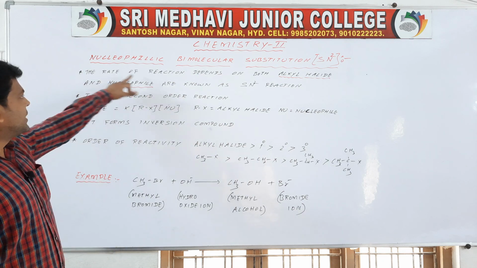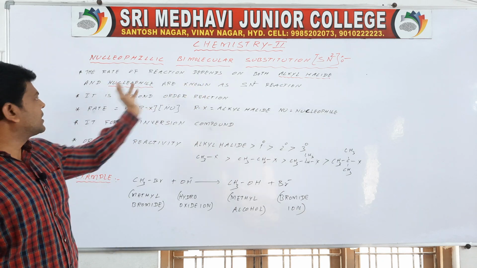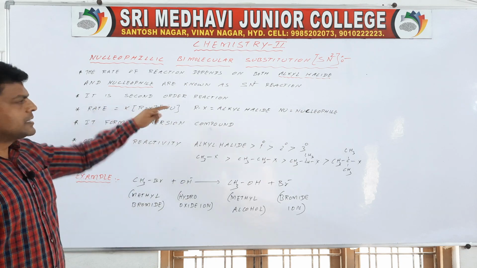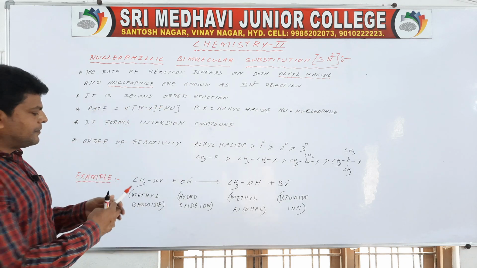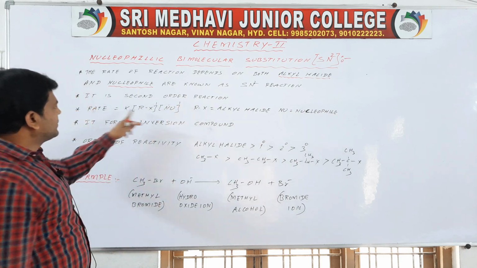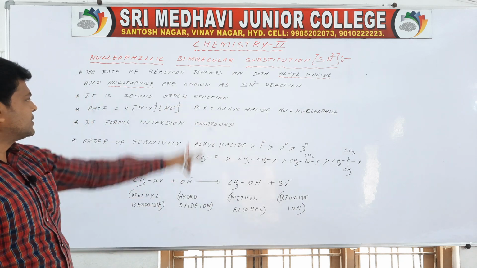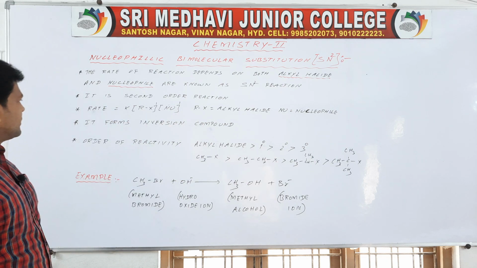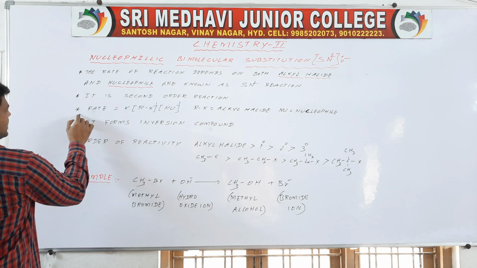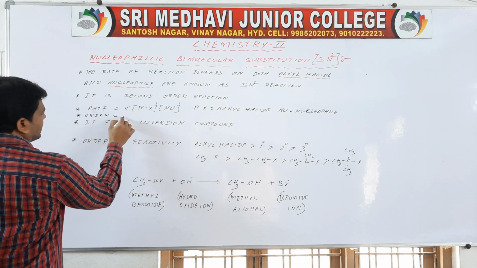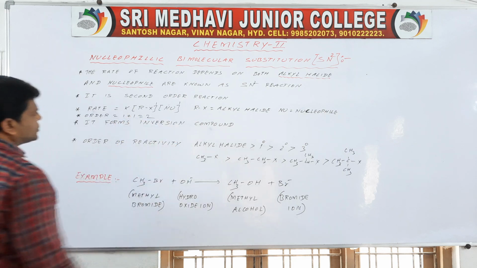Understand? So the reaction whose rate depends on both alkyl halide and nucleophile is known as an SN2 reaction. It is a second order reaction. Why? Because here the coefficient is 1 and 1, so order equals 1 plus 1, which is 2.